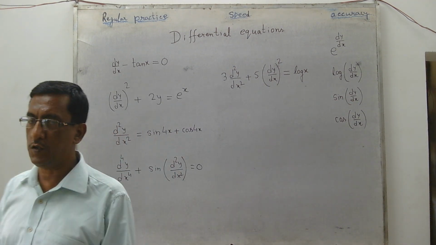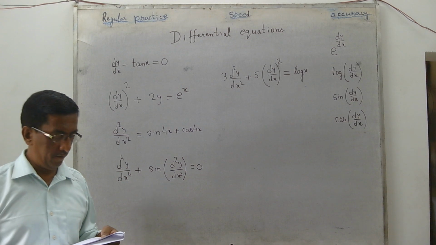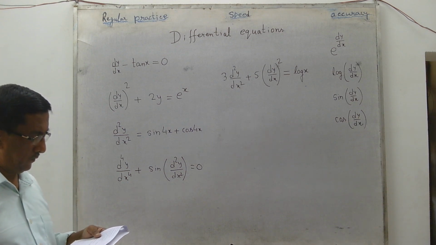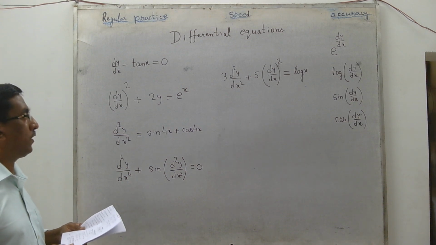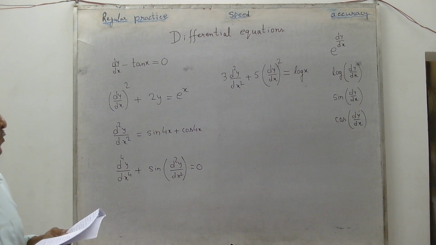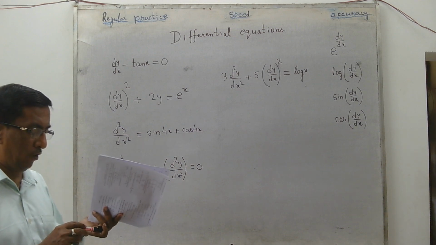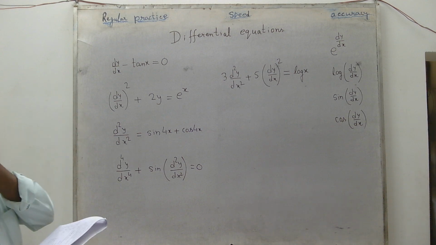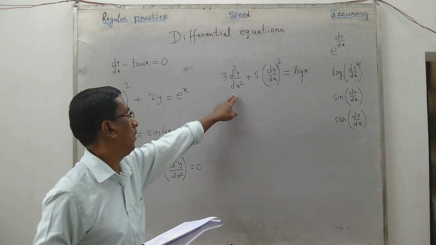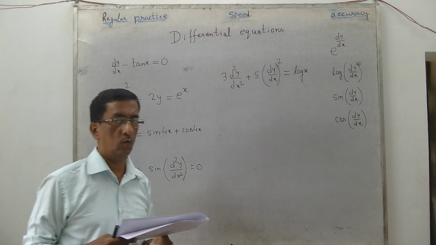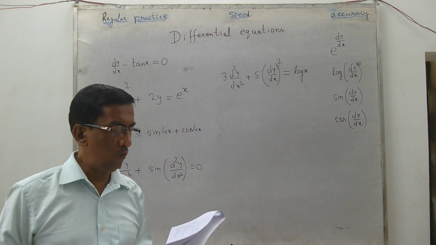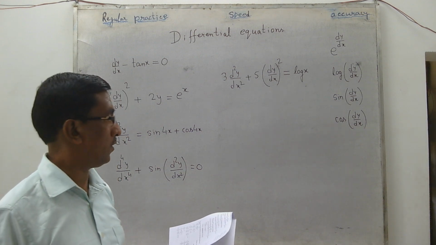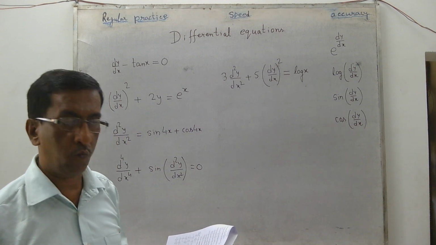In this equation we have the highest order derivative d square y by dx square, that is second order, and the power of this derivative is 1. So order is 2 and degree is 1.